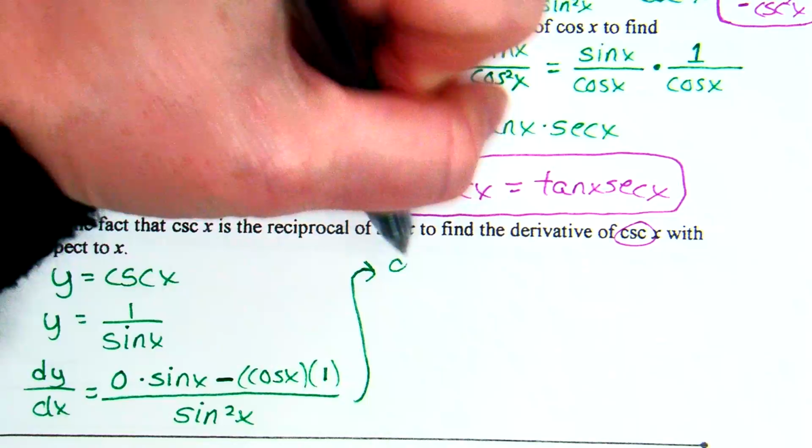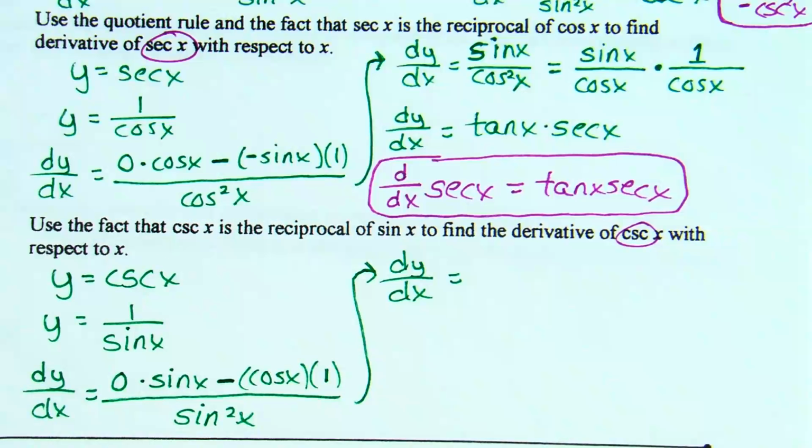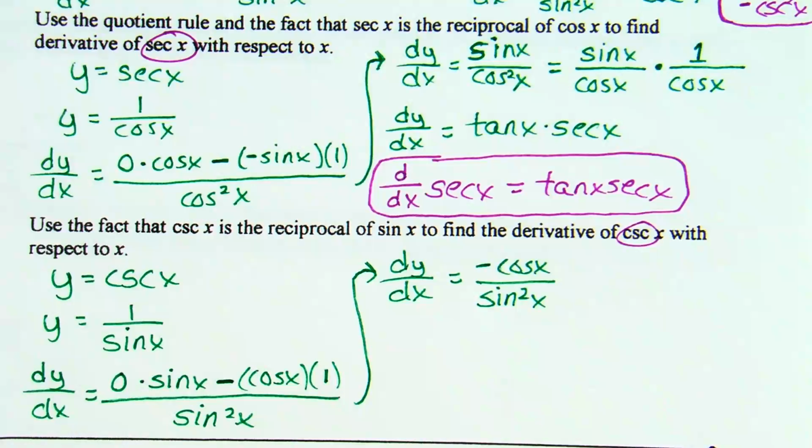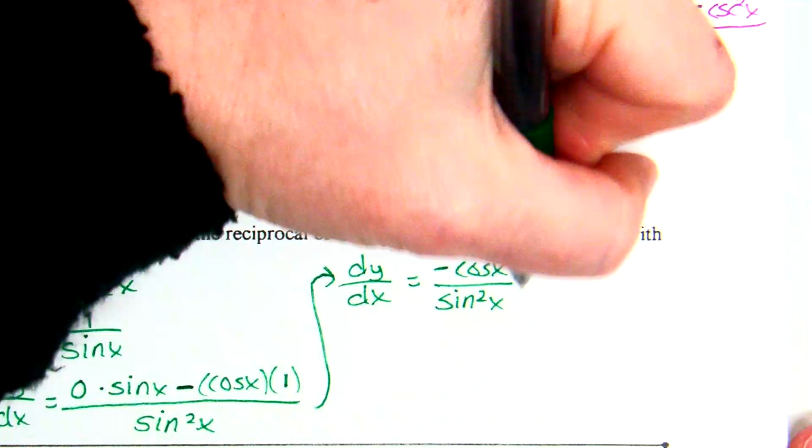Clean it up. What do I have on top? Negative cosine x over sine squared x. Yep, split it into two fractions. So I have sine x in both the denominators.